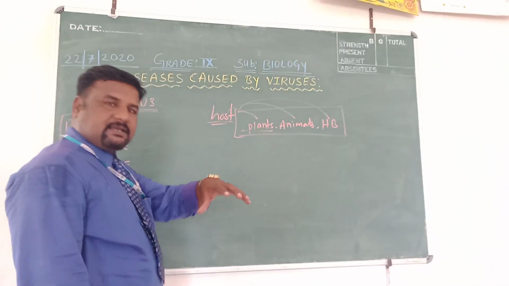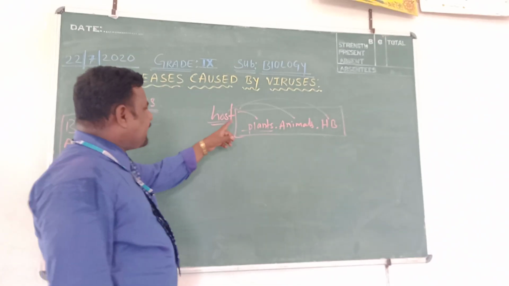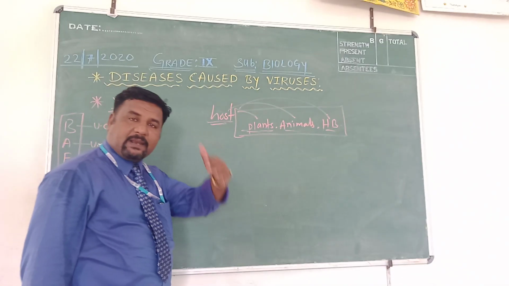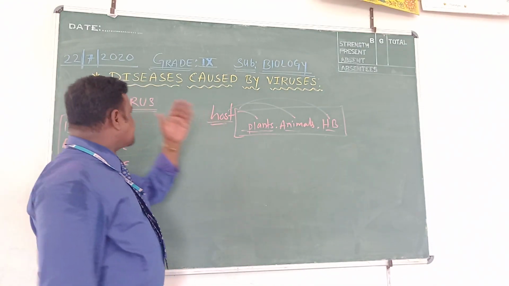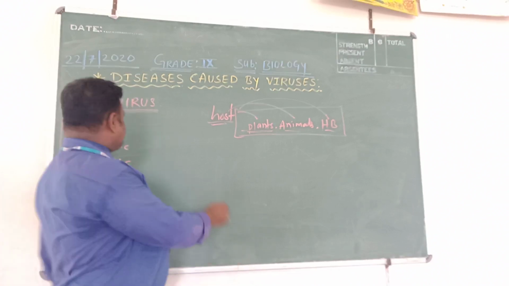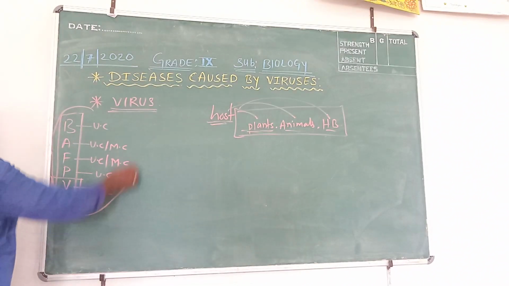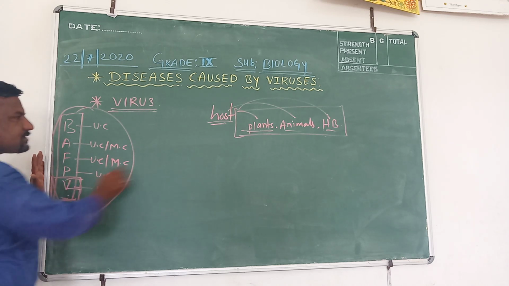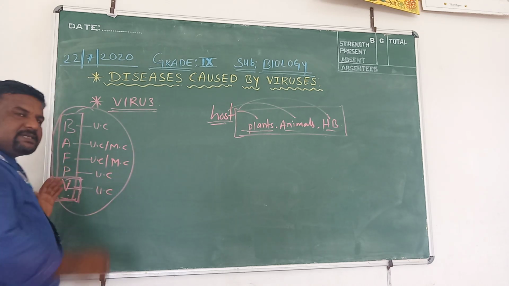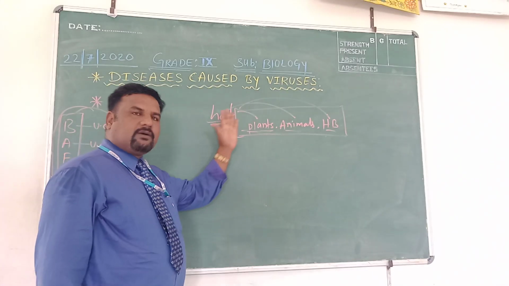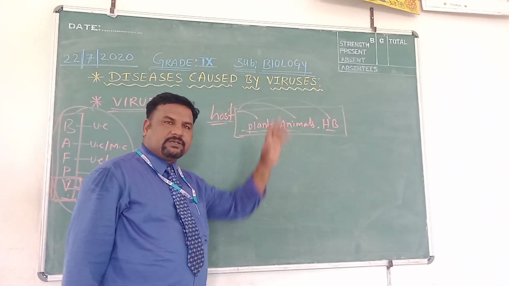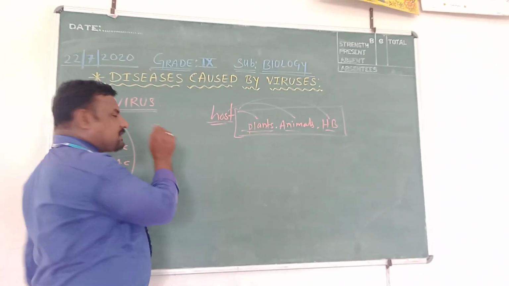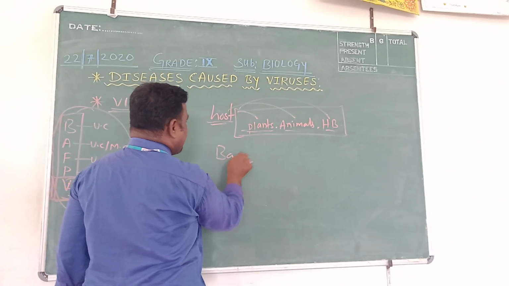If a virus fails to get hosts like plants, animals, or human beings, sometimes it is capable of infecting its friend, bacteria. They are all microorganisms, but the first priority is looking for hosts like plants, animals and human beings. If it fails, then the virus infects bacterial cells.